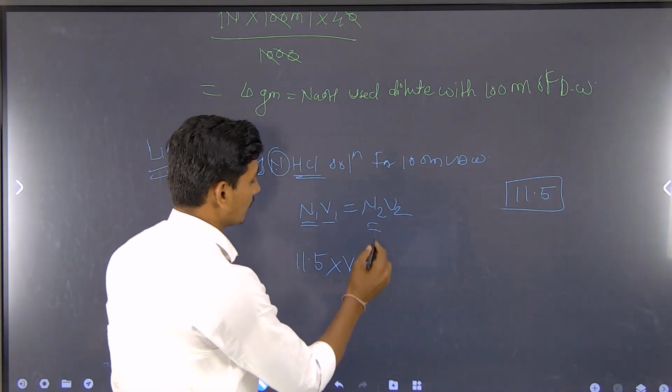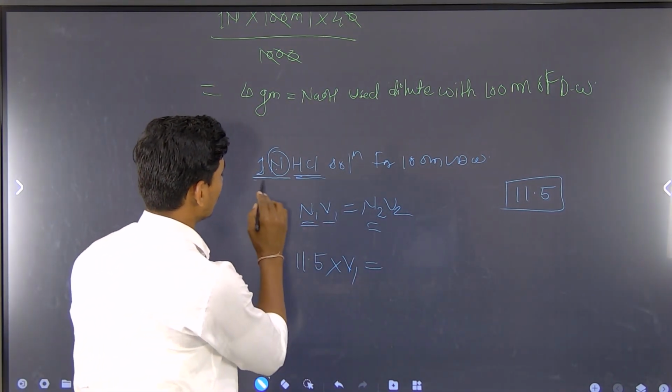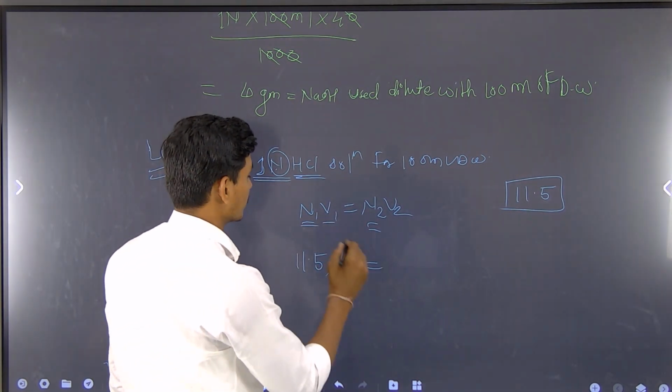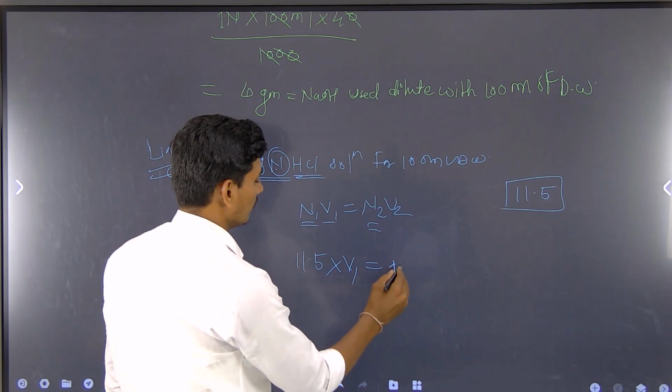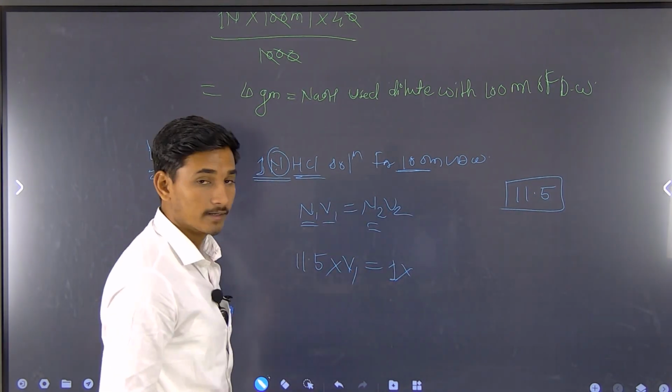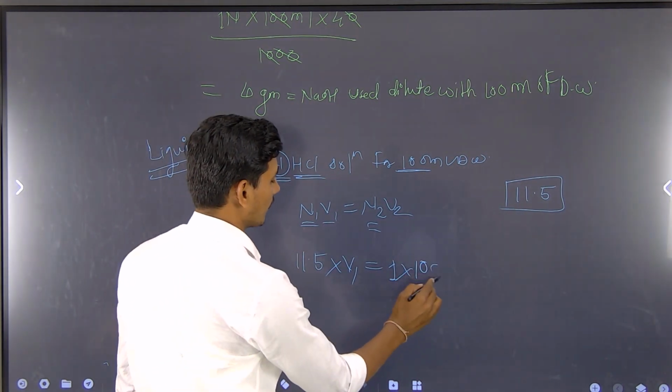Then N2 is the required normality as per the question, so here it is one normal. The volume to prepare is 100 ml, so we multiply by 100 ml.